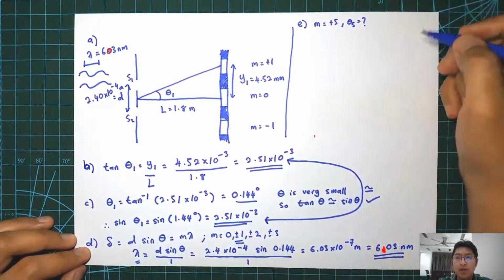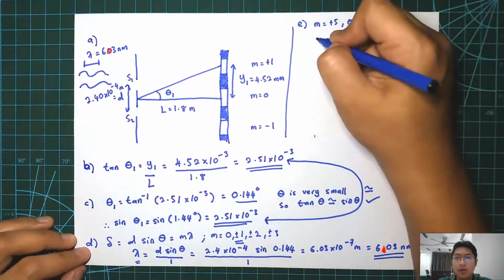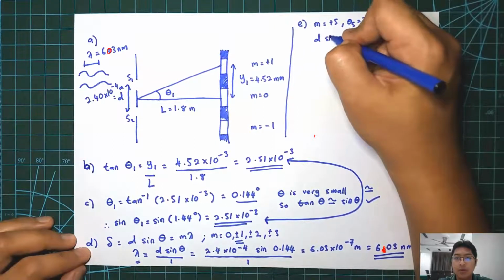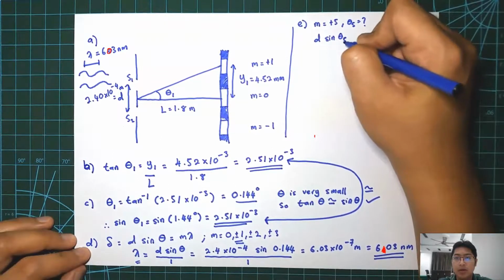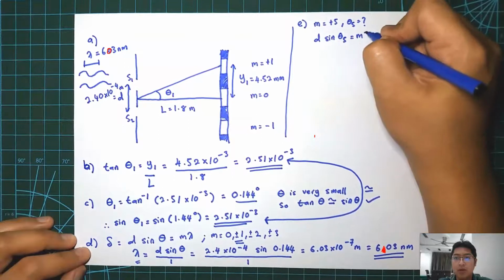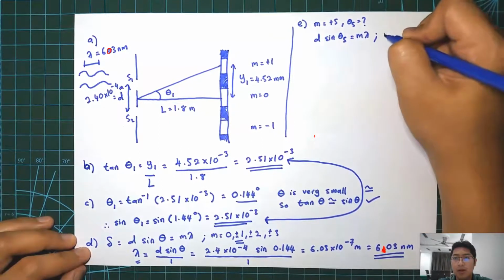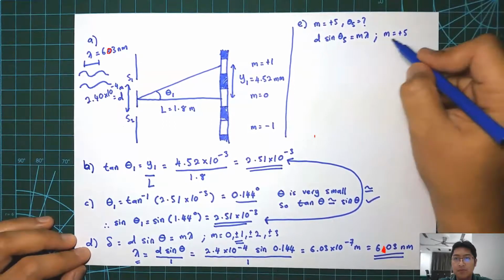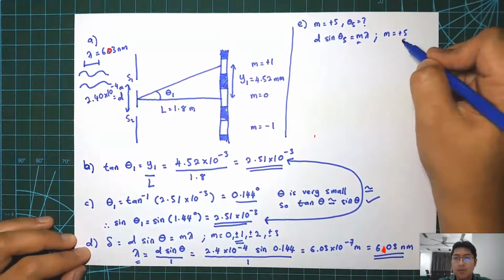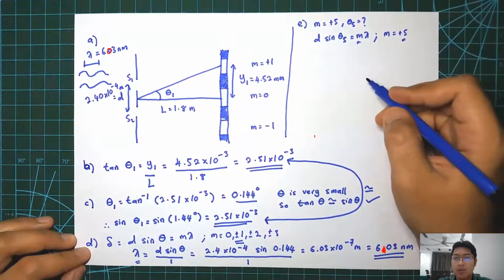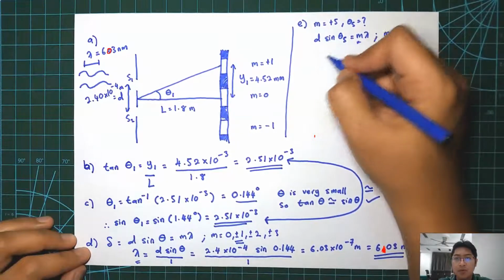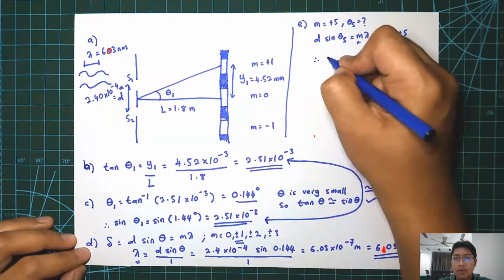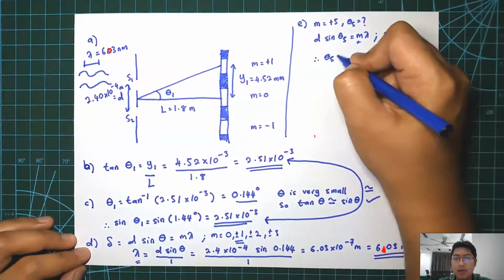You need to find the angle for the fifth bright fringe. Begin with this equation: d sine theta 5 equals m lambda, where m equals 5. So you need to replace the m with 5 to find the angle.